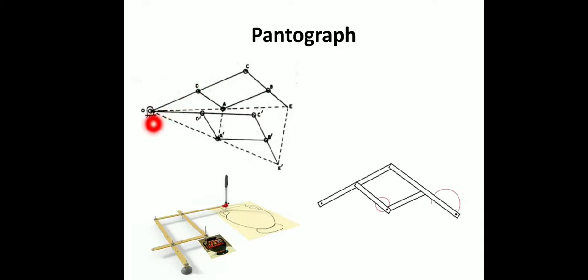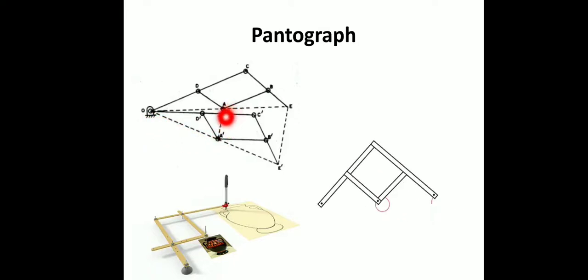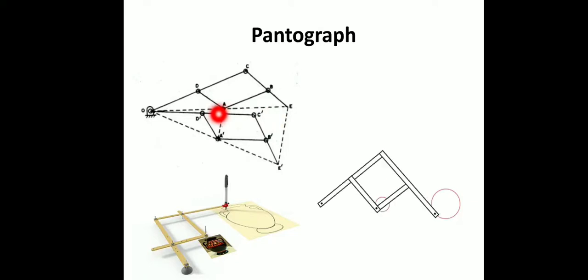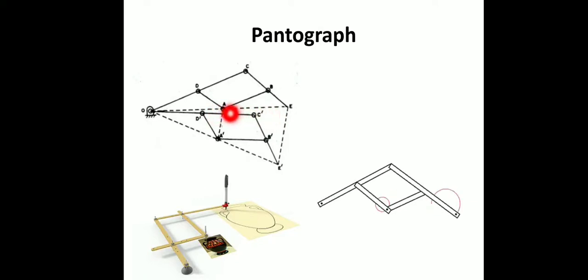So when a pen is fixed at point A and another pen fixed at point E, we can draw a figure corresponding to each other at these points.